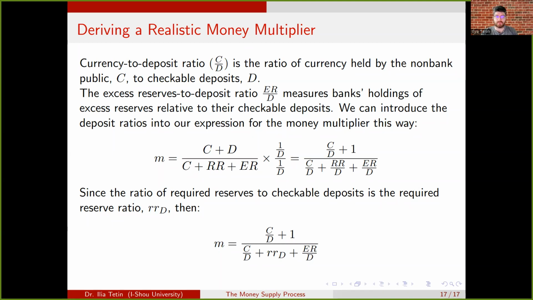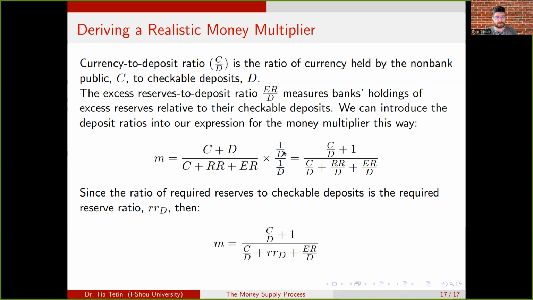To include these ratios in the expression for the money multiplier, we can rely on the basic rule of arithmetic that multiplying the numerator and denominator of a fraction by the same variable preserves the value of the fraction. So we can just introduce the deposit ratios into our expression for the money multiplier. This way, we multiply by the same amount, it is just 1.